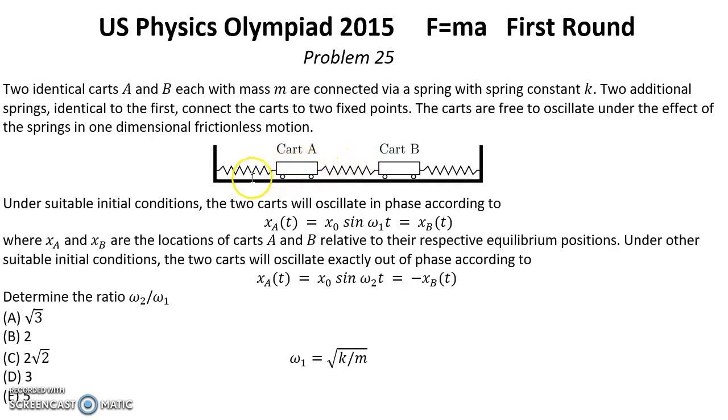They are connected in parallel, so the total constant for both springs will be 3k. In that case, omega-2 equals the root of 3k over m. It means that omega-2 over omega-1 equals root 3, which is answer A.